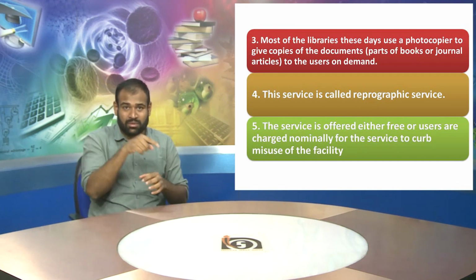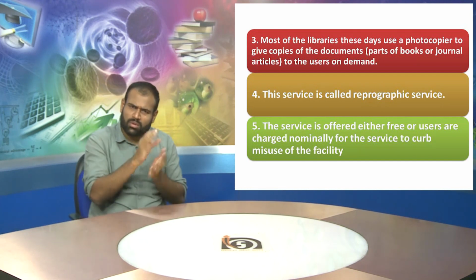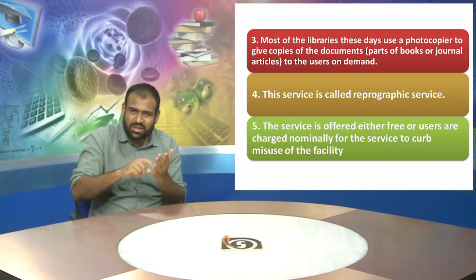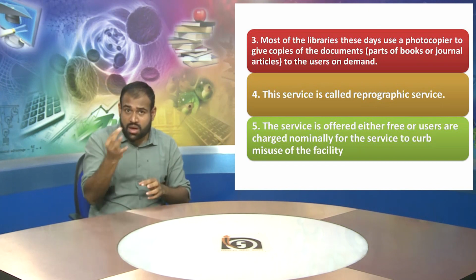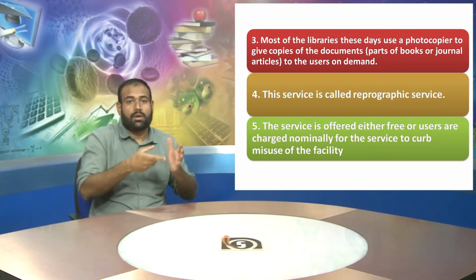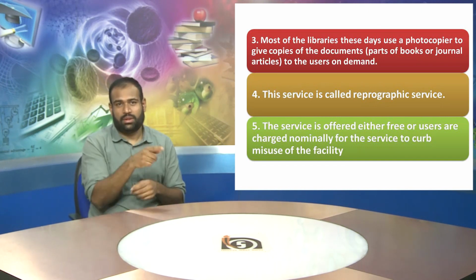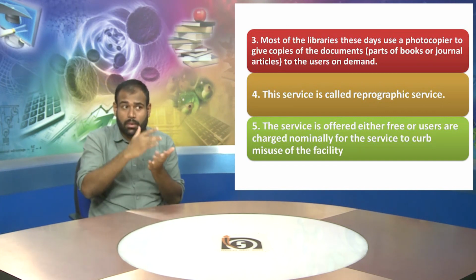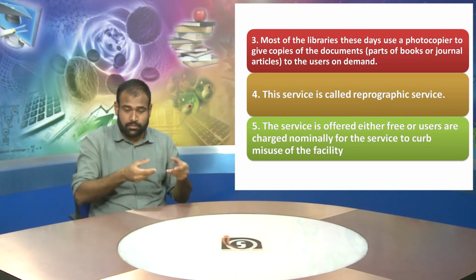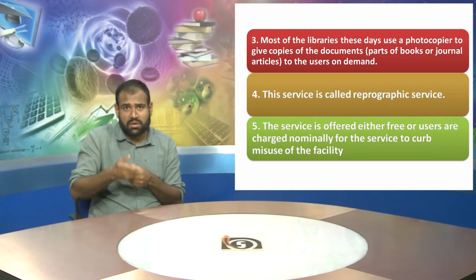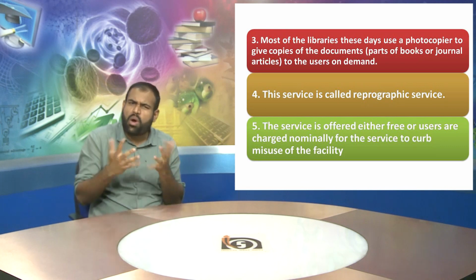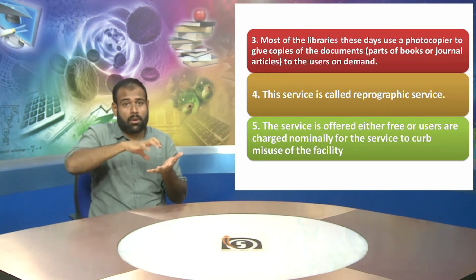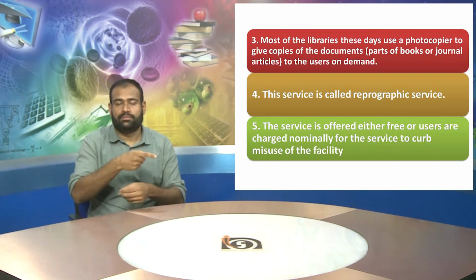Most of the libraries these days use a photocopier to give copies of the document to the users on demand. That copied document can be a part of a book or a journal article. And this service is called reprographic service. The service is offered either free or users are charged nominally for the service to curb misuse of the facility.